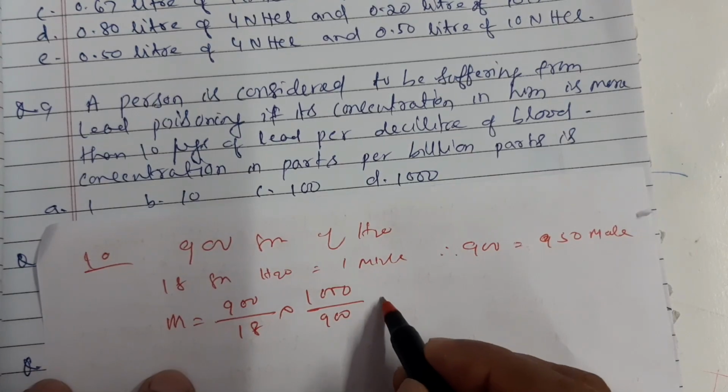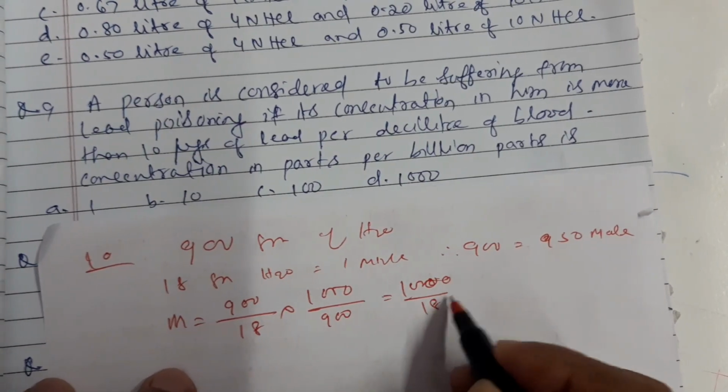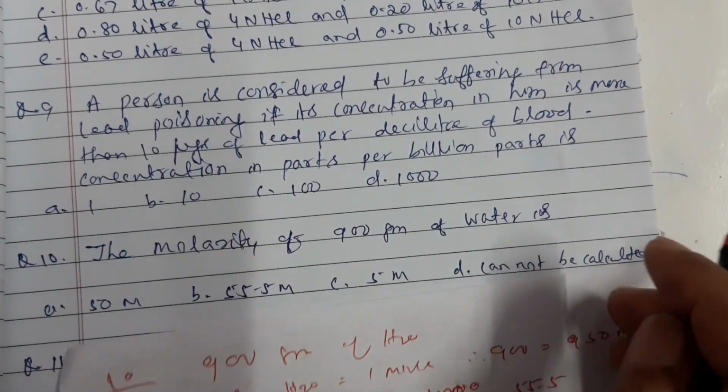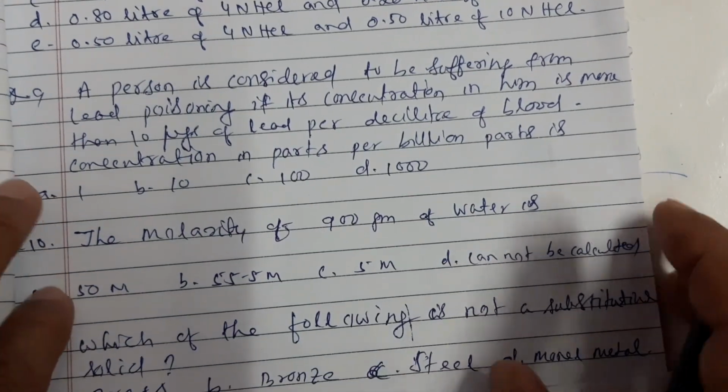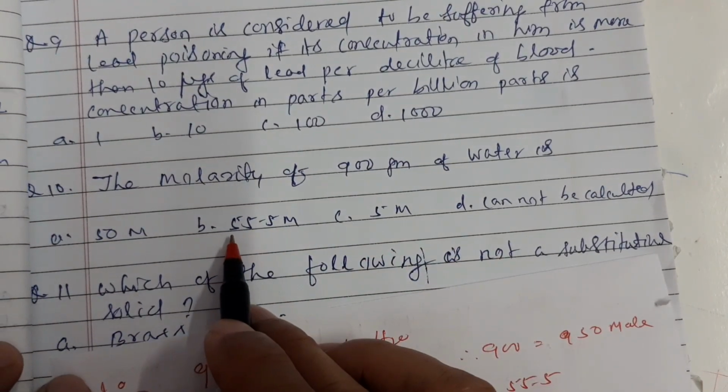So this is your 1000 divided by 18, so it is 55.5. Okay, this is 55.5 molar. Okay, so choice B is the correct answer.